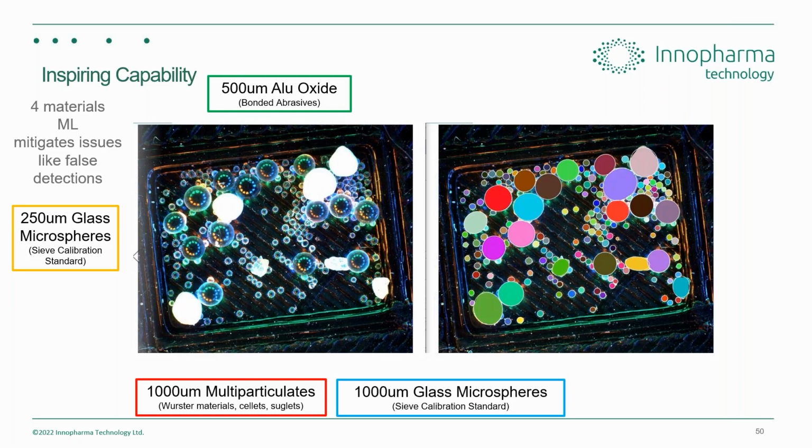This is like a wide distribution of glass beads and multi-particulates and granules, even in the same image area, all being trained in separate models, but then combined under the one machine learning model, and again, successfully and correctly matching all the different materials inside that image area once it's been passed through the image analysis.